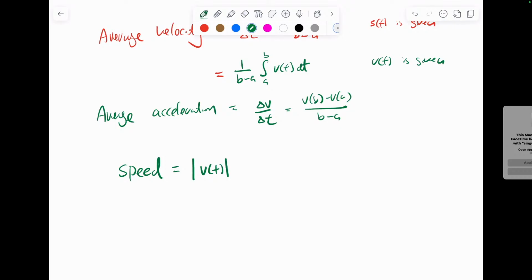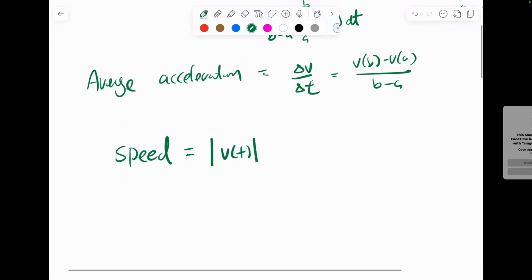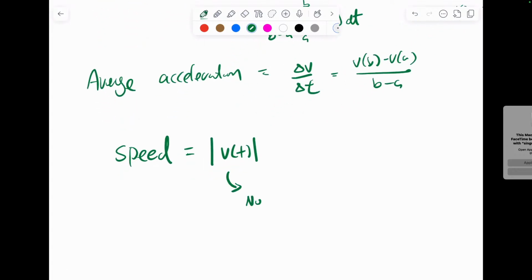So let's say if I'm going this way, it's positive, and if I'm going this way, it's negative. If I'm going forward 2 steps per second, my velocity is positive 2 steps per second. But if I go backward, it's going to be -2. But if you talk about speed, it doesn't matter which direction you're facing. It'll be 2 steps per second. So speed has no direction.